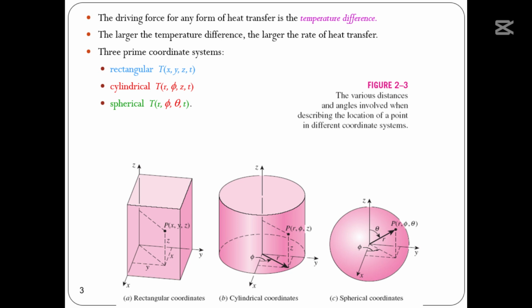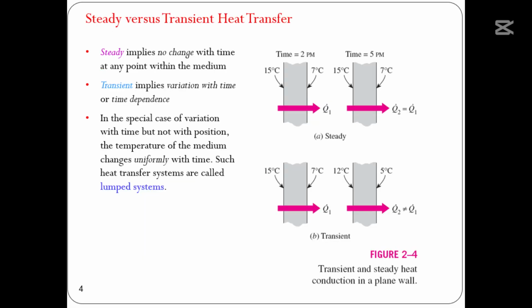For the cylindrical system, we have the radius, phi, z, and the time parameter t. And for the spherical system, we have the radius, angles theta and phi, and the time parameter t.